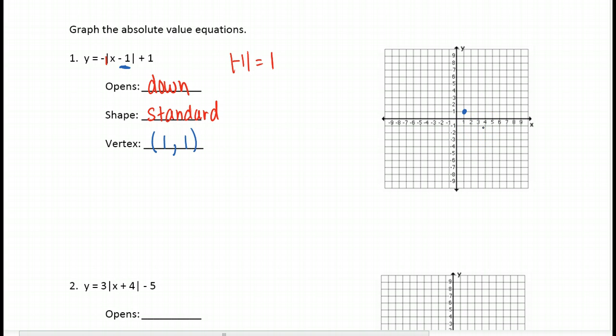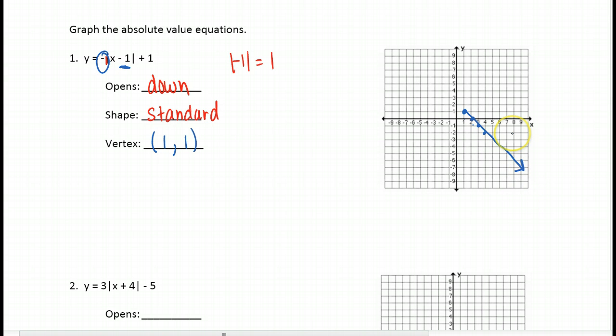And then here's my little trick. We know that it's opening down, so we just have to make sure our graph is actually opening down. And with that negative 1 in front, I kind of treat that like a little bit of a slope. So if it's negative 1, I'm going to go down 1 over 1 to get part of my graph.